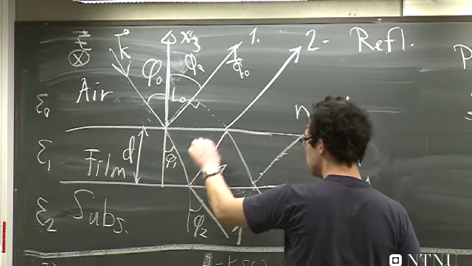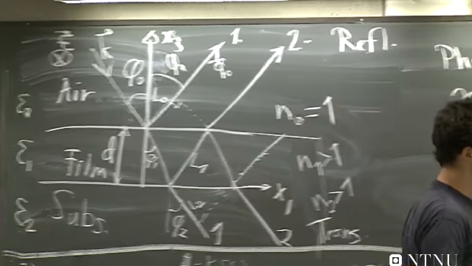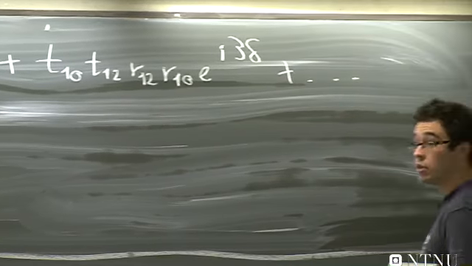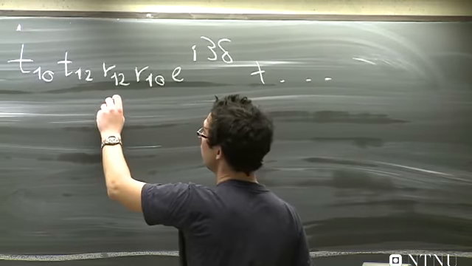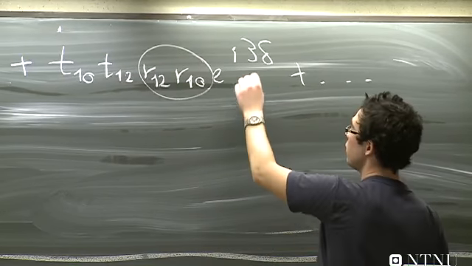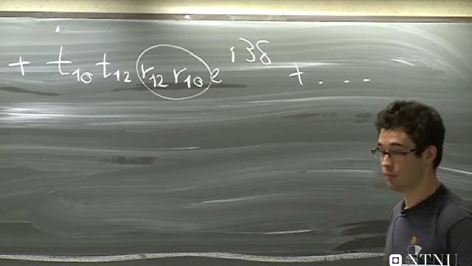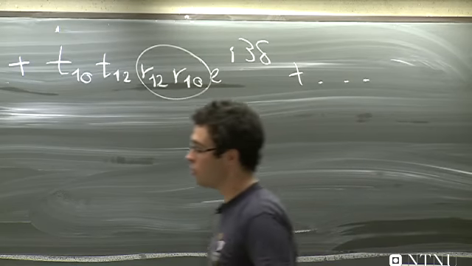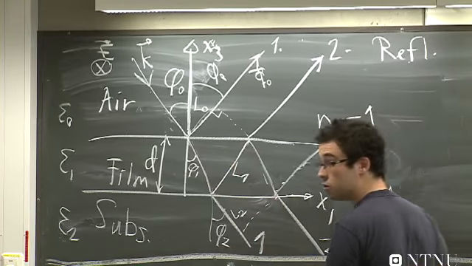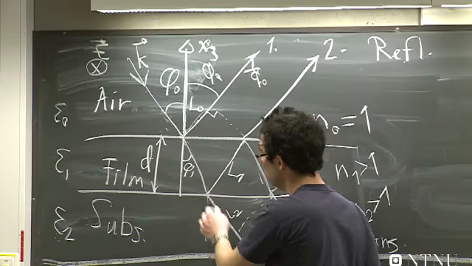So it's 1, 2, 3 deltas. And the higher order terms proceed in the same fashion, adding an extra factor R12, R10 because of the extra bounce, and an extra factor e to i2 delta. So as before, we get e to i2 delta from an extra phase, but we also get a phase from the first traversal of the film.